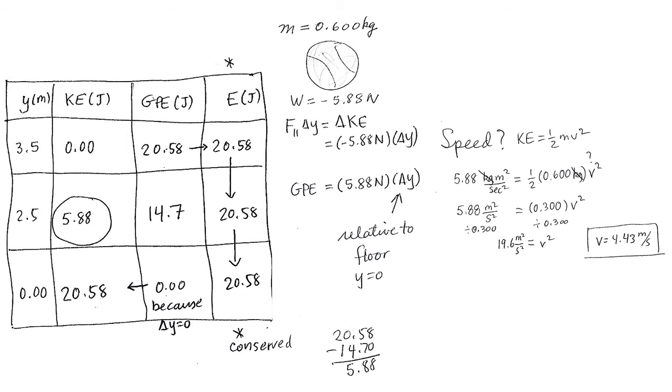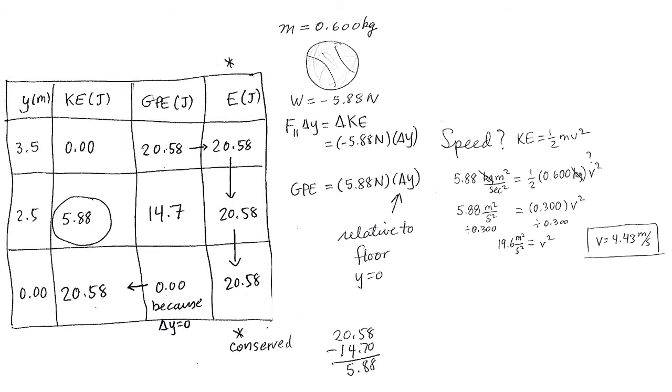E is always the same. The total mechanical energy is always the same. So put a little star up here for this column. This is the one that's conserved. It doesn't matter where you start.